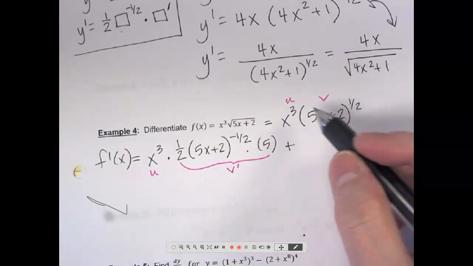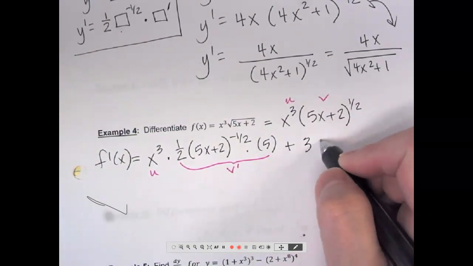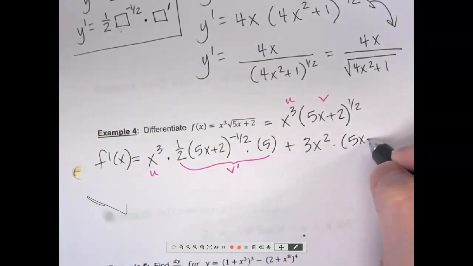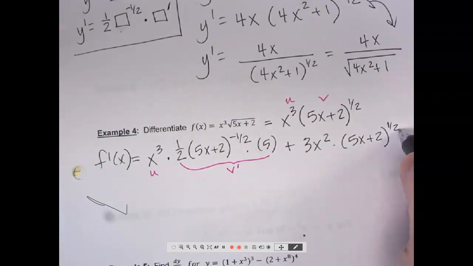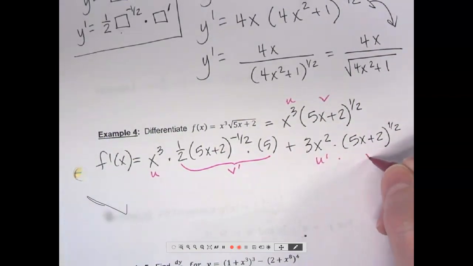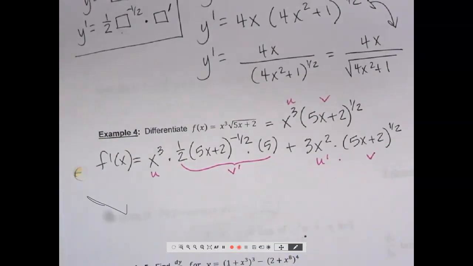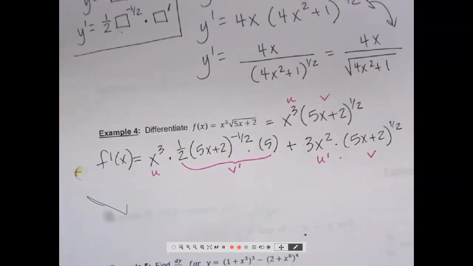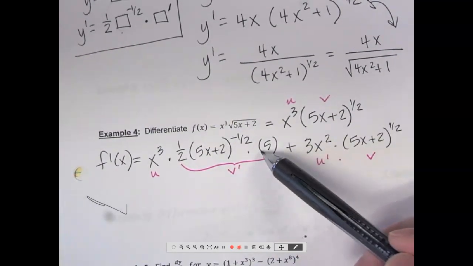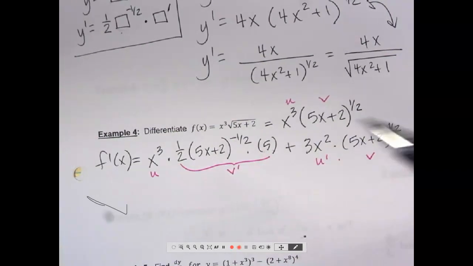Plus U prime, 3x squared, times V. U prime V. I don't see a whole lot that I would change here. The only thing I might even suggest changing is just multiplying that 1/2 times 5 and making it a 5/2.